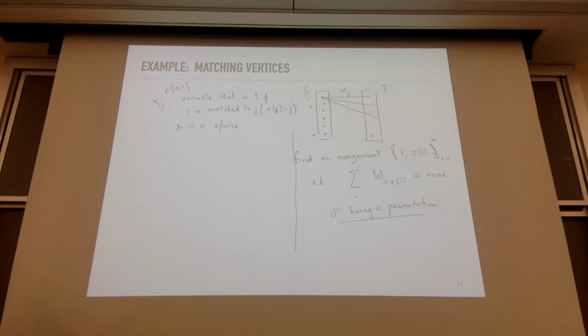Now, if you have variables like this, what would be the constraints you would have? Anybody else? There's a slight difference between the previous problem and this one. So let's see if somebody will catch it.